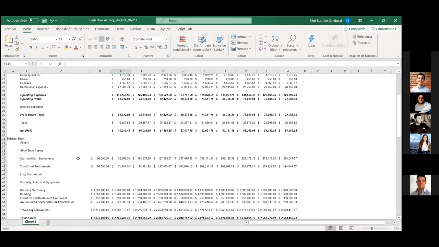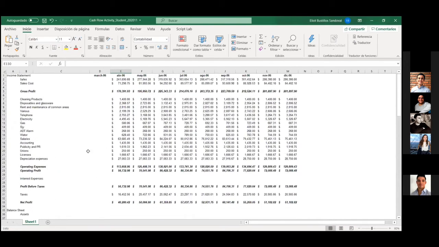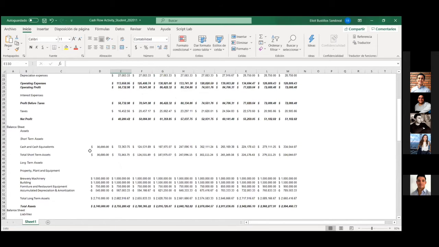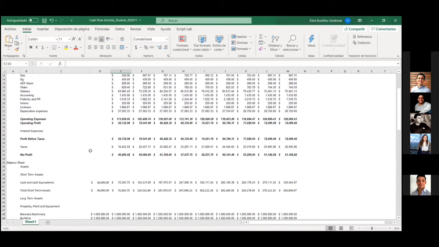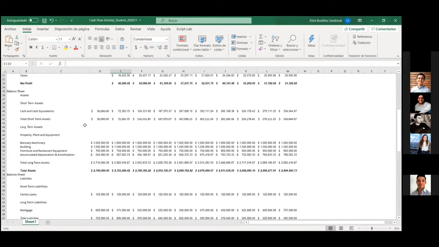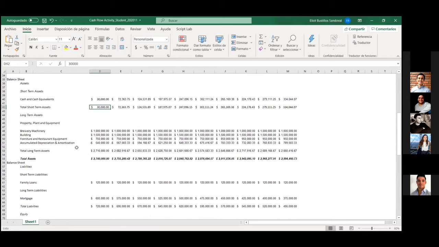What you can actually do, because you have the financial statements, is go to either the balance sheet or even the cash flow and see where and when you did that investment. So here in the balance sheet, I have short-term assets. We are talking about CapEx, which means you need to look for fixed assets. I will take the total.